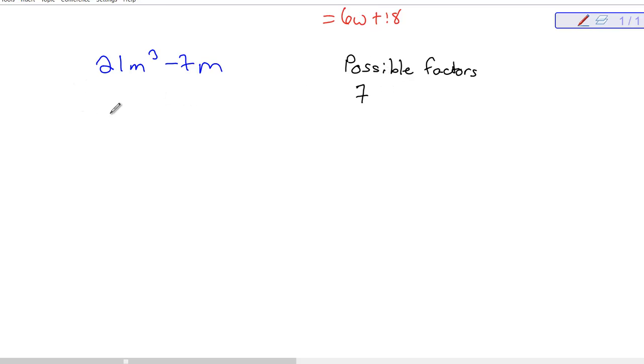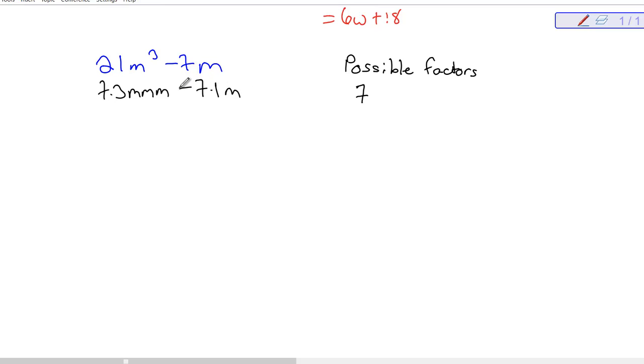Then I want to look at my m's. Let me rewrite this and see if this helps you. 21 is the same thing as 7 times 3, and then I have 3 m's. 7 is 7 times 1, and then I have an m.